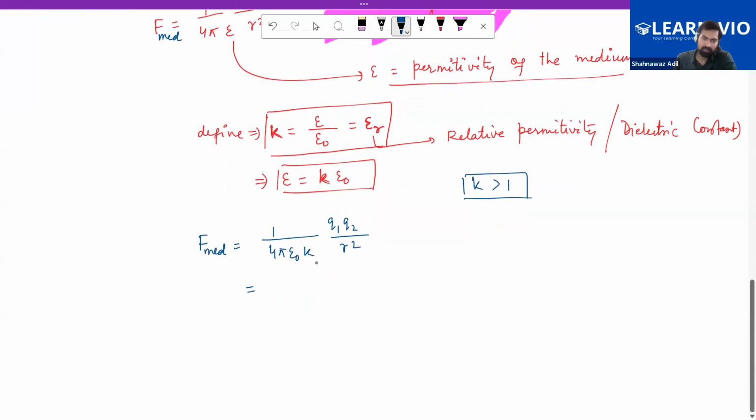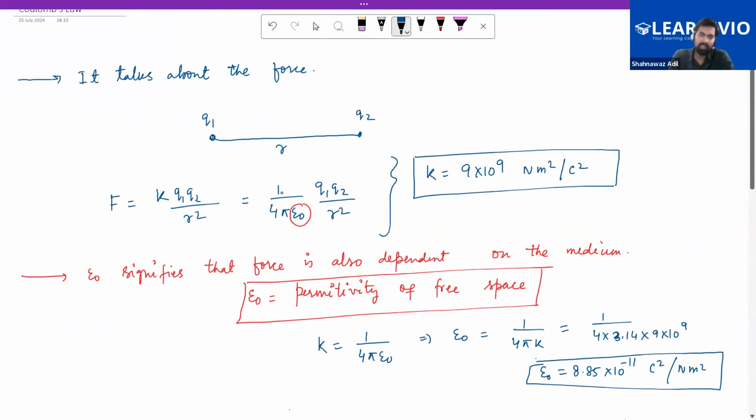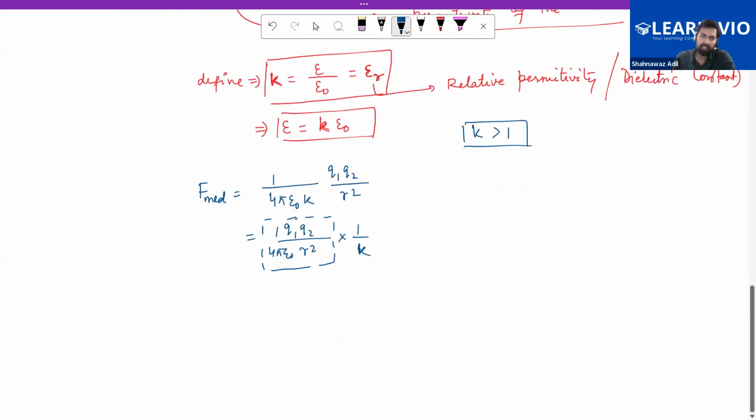So this thing, Q1 Q2 divided by 4 pi epsilon naught R square, what was this quantity? This was the actual force when there was no medium, right? So I can write this thing as F air divided by this.